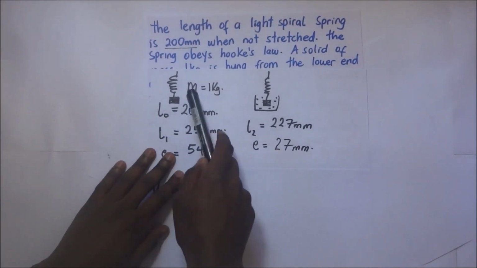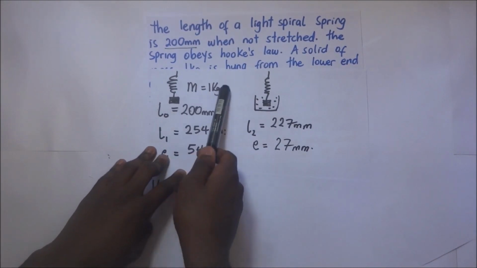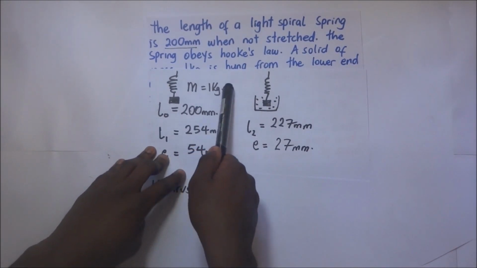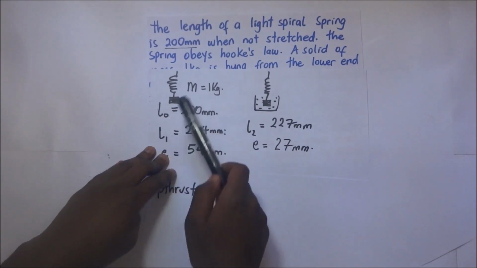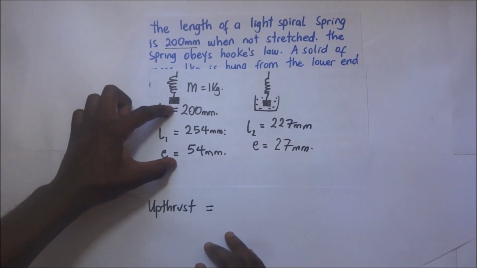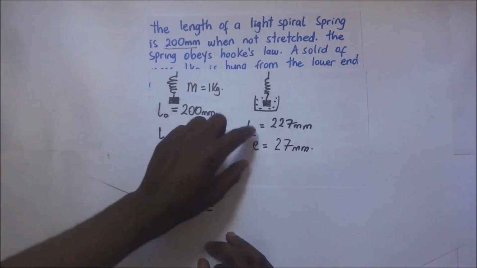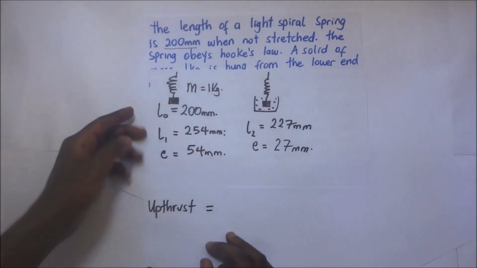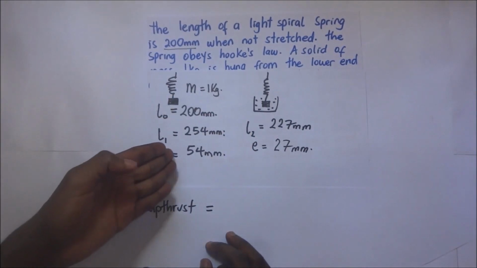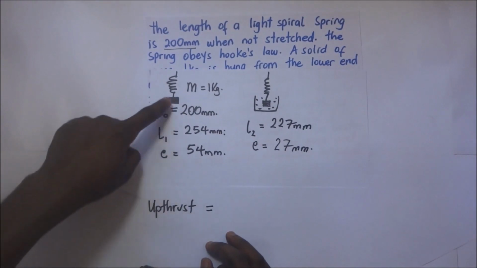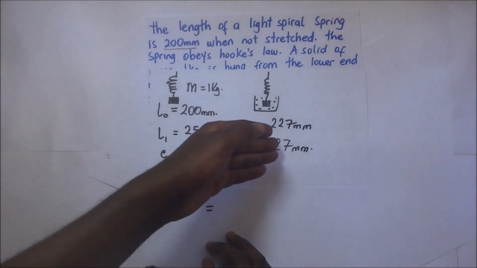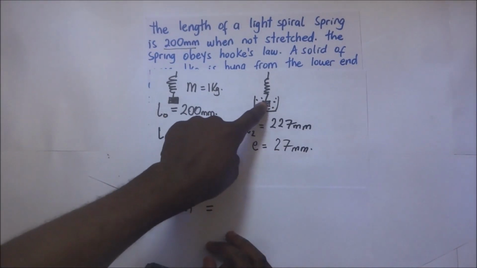So in this case we have this metal, let's call it a solid substance, that is weighing 1 kilogram. At first, these are the dimensions when it was in air, and this is what happens when it is in water. Since it obeys Hooke's law, we can find the weight of this substance in air, and also its weight when it is in the liquid.